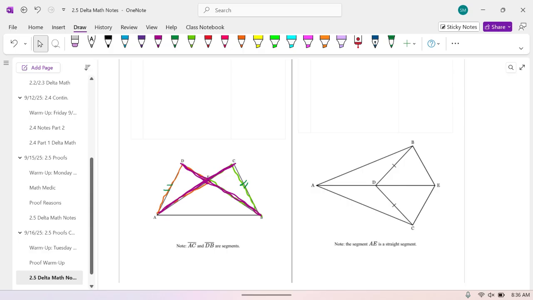What's the only two postulates that we could possibly use to prove congruency? Side, side, side, or side, angle, side. All right. Either one would work. I can tell you right now, either one of them, given the information we have, would work. You can prove it either way. Which way do you want to go for? Side, side, side, or side, angle, side?